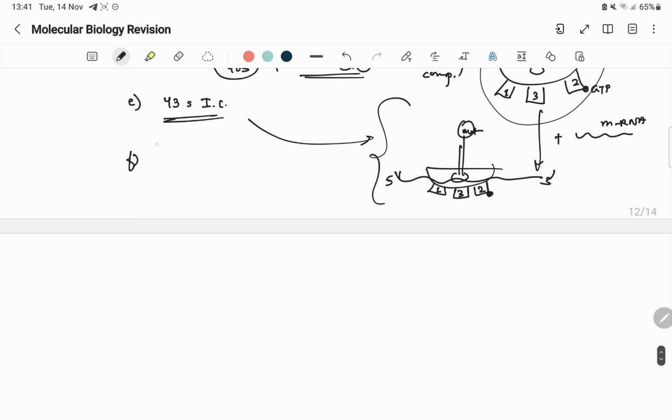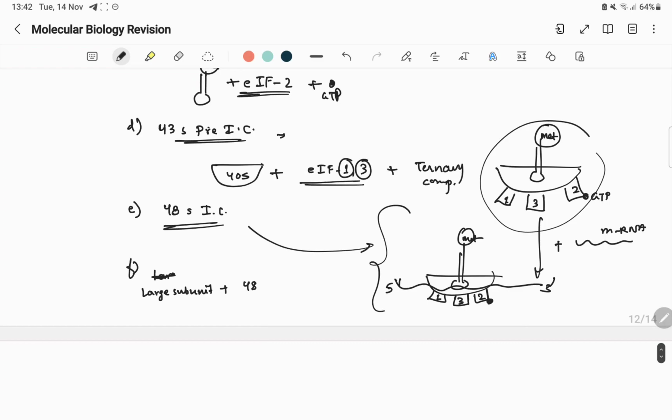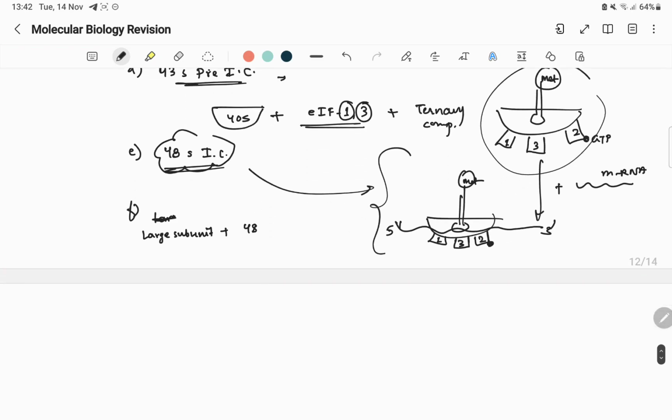Again, the large ribosomal subunit, the 60S subunit, attaches to it, plus your 40S. This is the 48S, sorry, 48S initiation complex, which is formed by this.